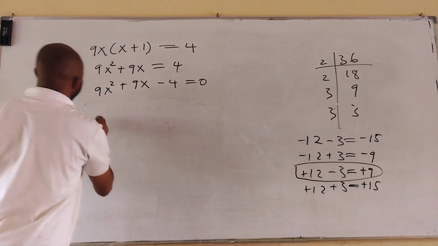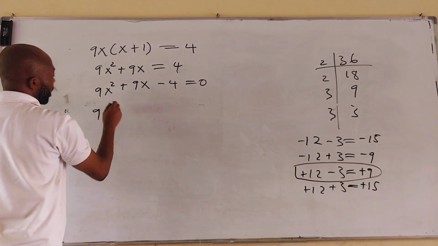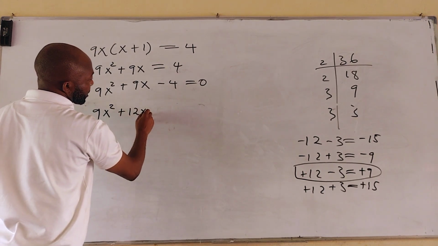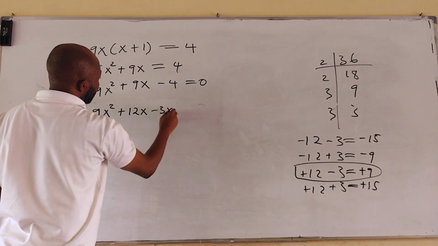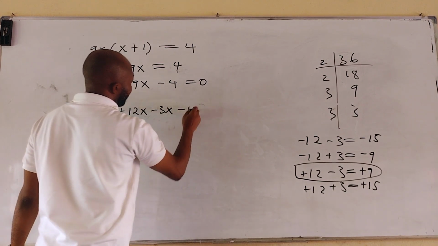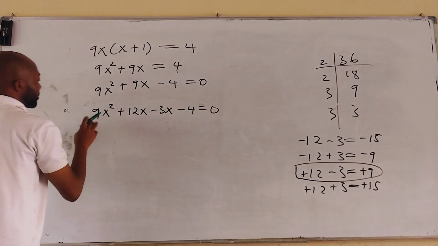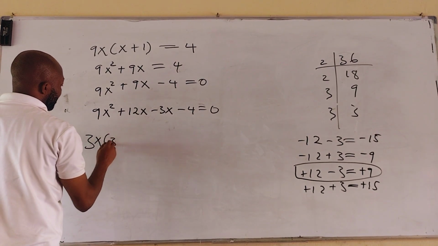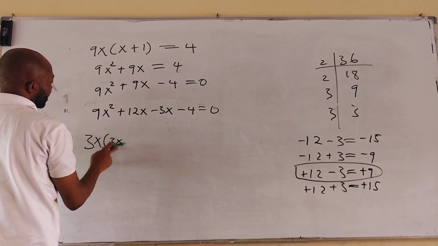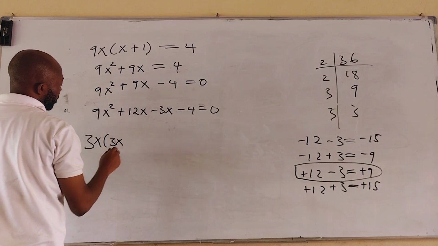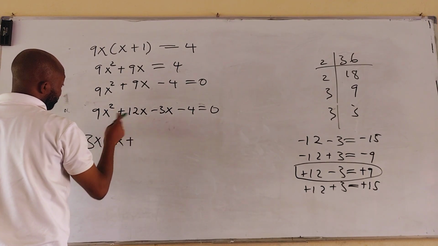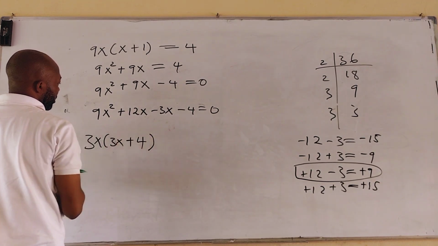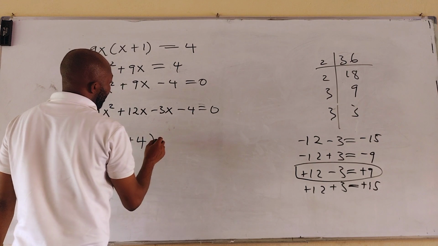So now I have 9x squared plus 12x minus 3x minus 4 is equal to 0. So 3 can go anywhere. I can have 3x, 3x: 3x times 3x is 9x squared, plus 3x times 4 will give me 12x.